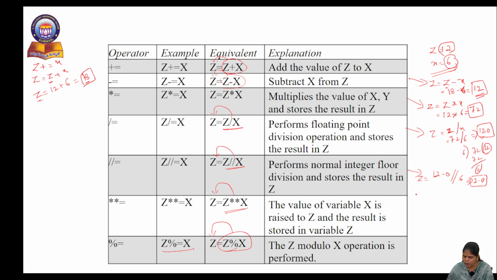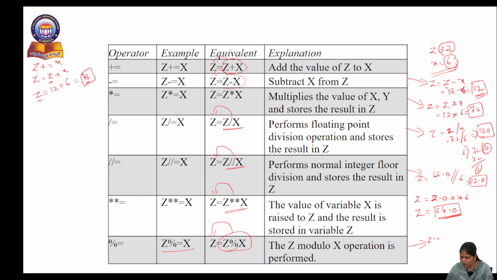Now I am doing z equal to z, which is 2.0, to the power of 6. 2 to the power of 5 is 32, that means 2 to the power of 6 is 64. So 64.0 is my new z value. Now what is this output?